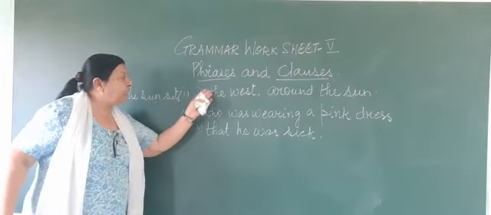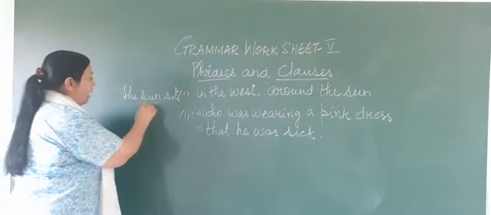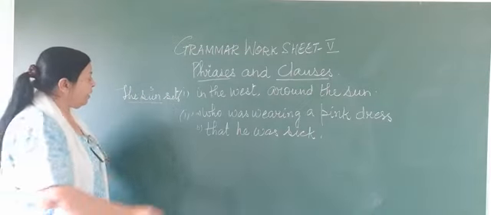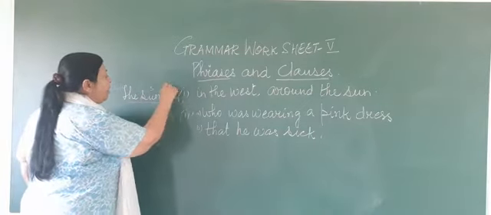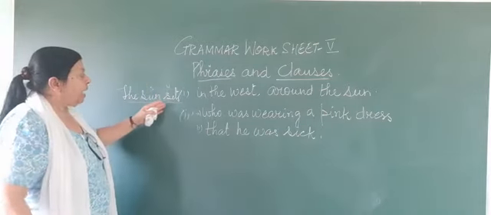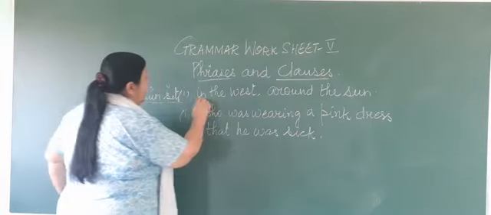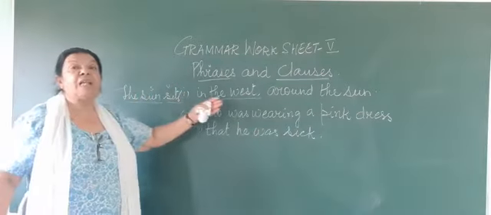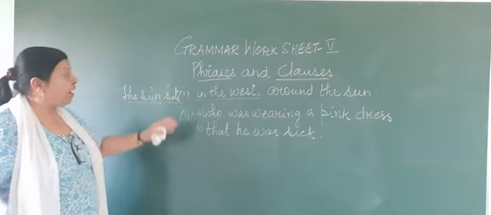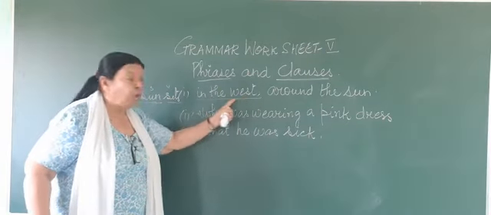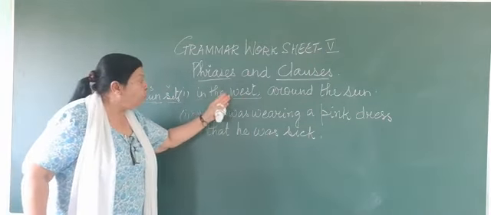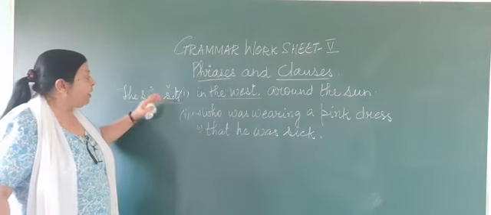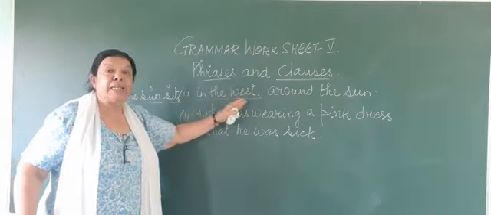Now when I say the sun sets in the west, I have a subject, which is the sun. I have a verb, which is sets, and I have a phrase, in the west, telling me the direction or where the sun sets. So when this group of words, which I call a phrase, is attached to a sentence, then this group of words makes sense.